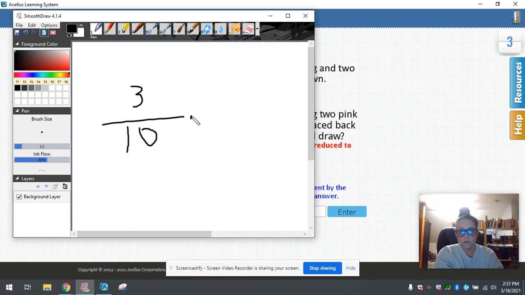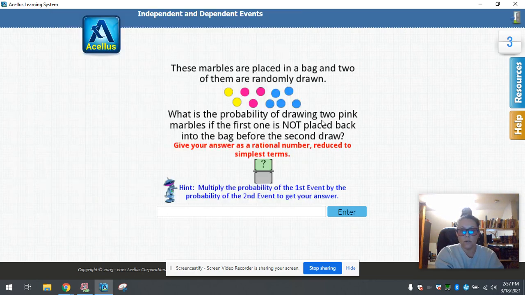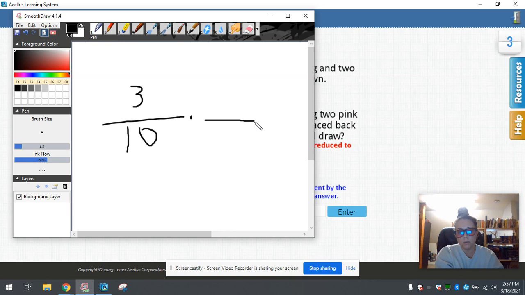Times, we did not put the pink one back in the bag, so we only have 9 marbles in the bag, and we already took out a pink one, so 2 chances out of 9 to draw another pink one.